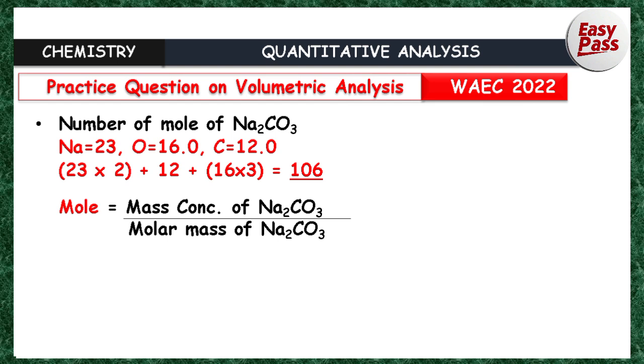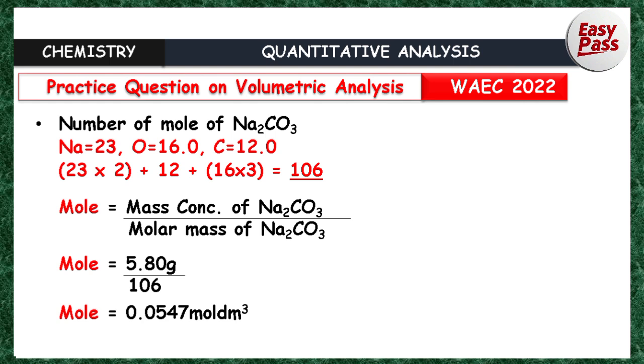That is 5.80 grams per dm³ all over 106, which equals 0.0547 mol/dm³. So your molar concentration of sodium carbonate is 0.0547.